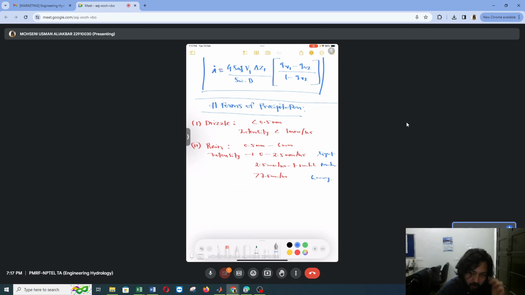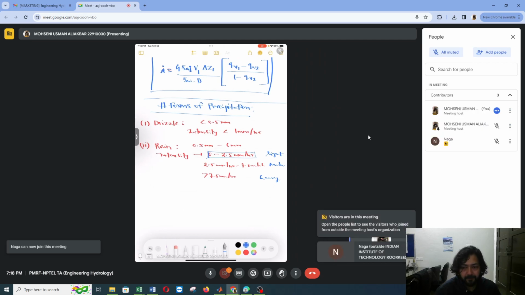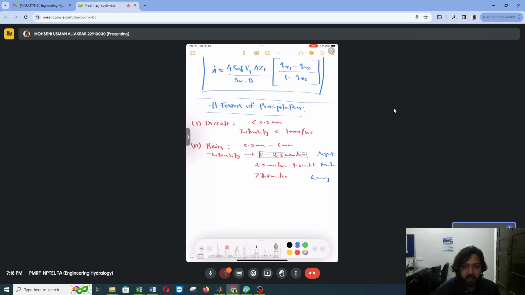By looking at the intensity, we should know that up to 2.5 mm per hour we call it light rain. If we want to call any day a rainy day, we need a cumulative rainfall of 2.5 mm in that day. If the cumulative rainfall is at least 2.5 mm in a day, we can call that day a rainy day.